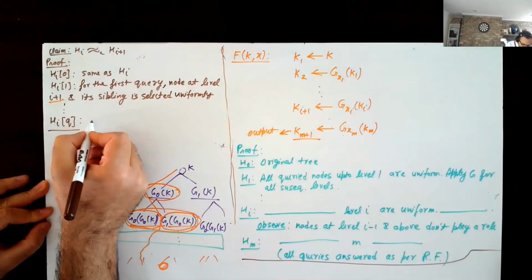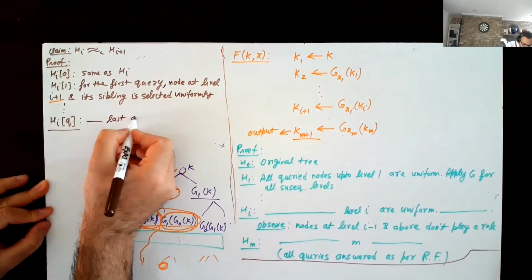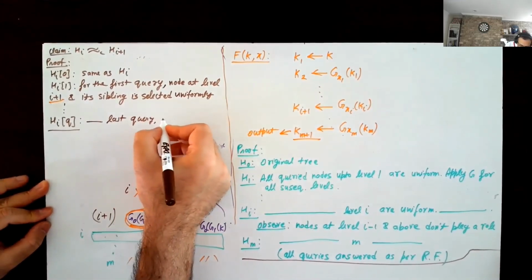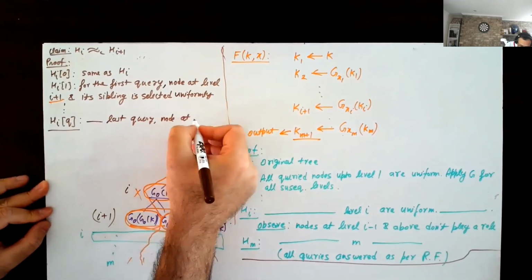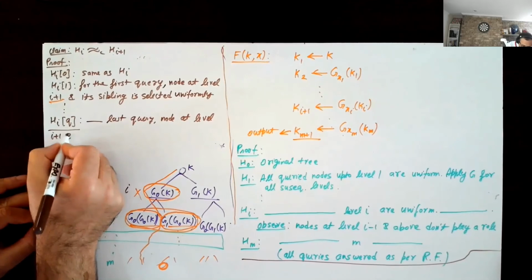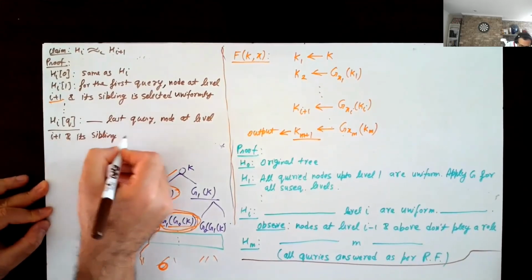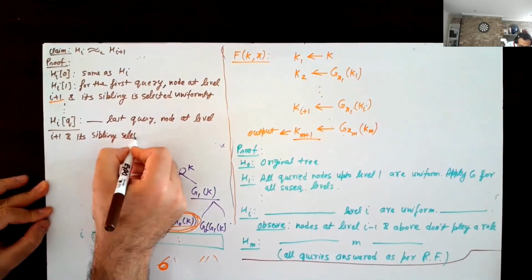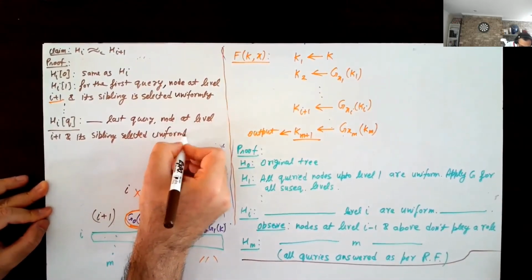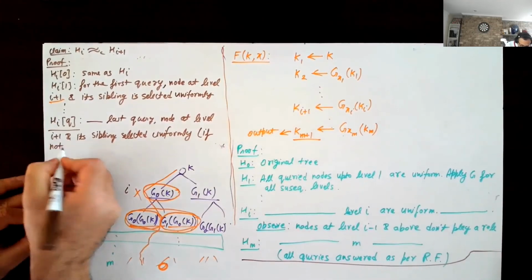And then for the last, or the Qth query, the node at level i plus 1 and its sibling are selected uniformly, if not already changed.